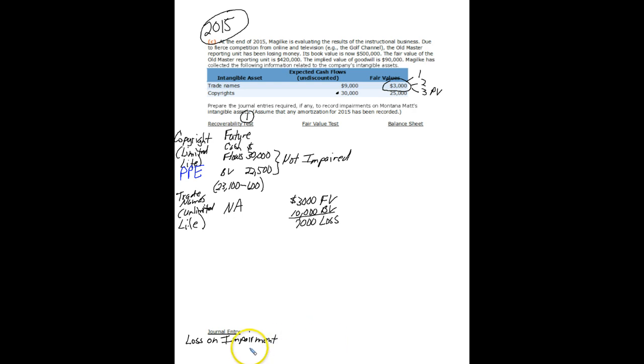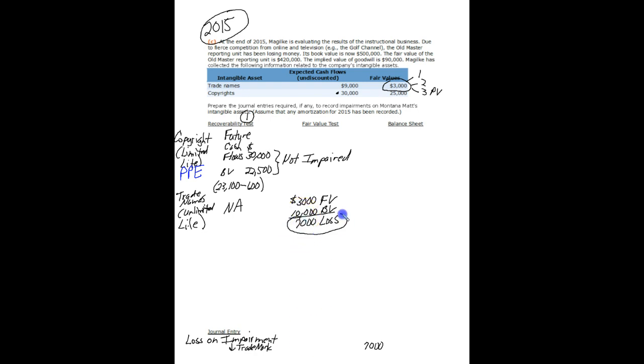And we'll put that $7,000 there. We also want to reduce the intangible asset, the trademark, by $7,000. So I'm going to credit that $7,000. And I'm going to hold off to make the debit in case goodwill also is impaired.